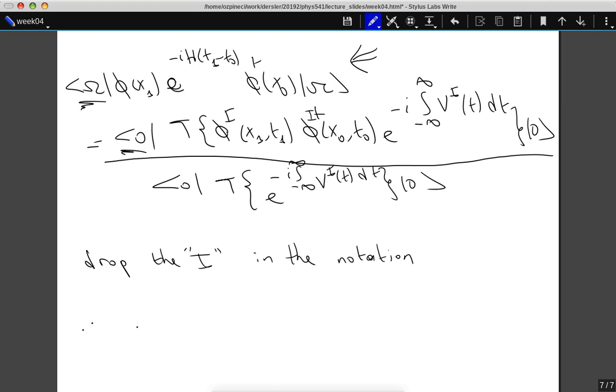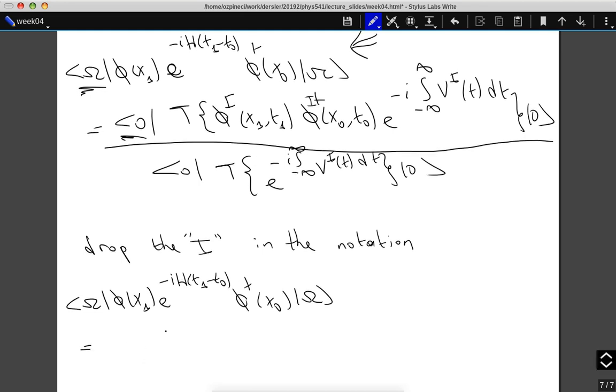So the matrix element of phi of x1, e to the power minus i H (t1 minus t0), phi dagger of x0 will be, in the interaction picture, phi at x1 t1 and phi at x0 t0.